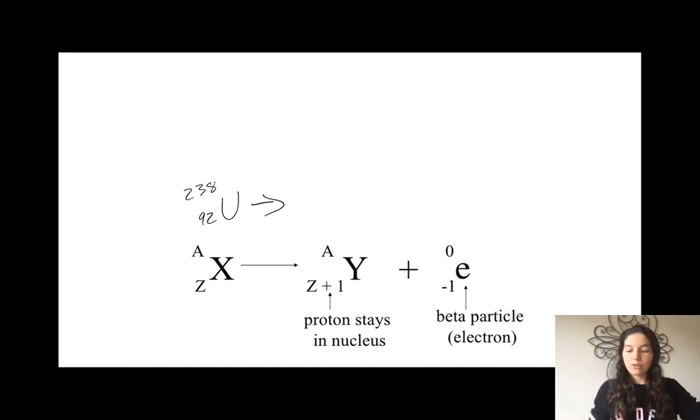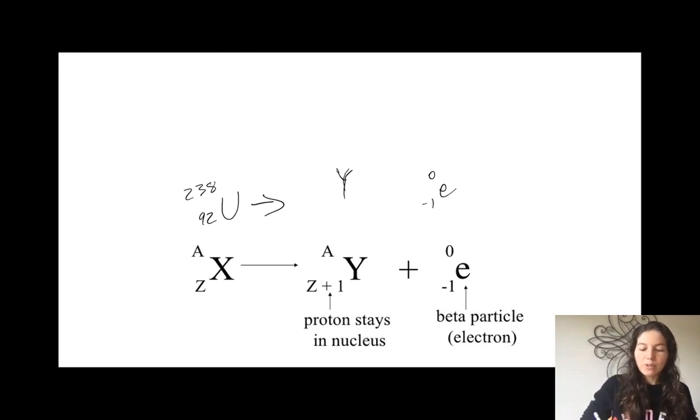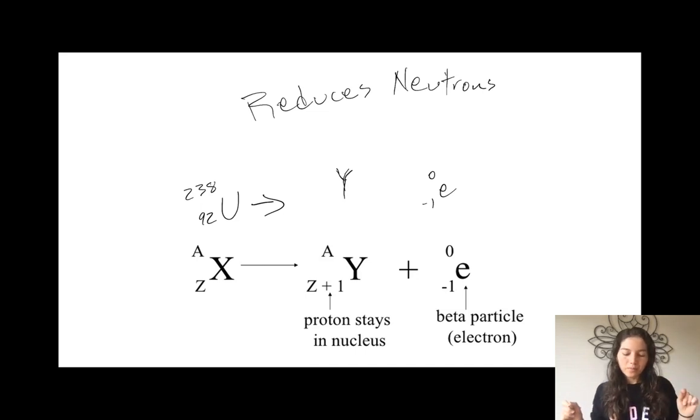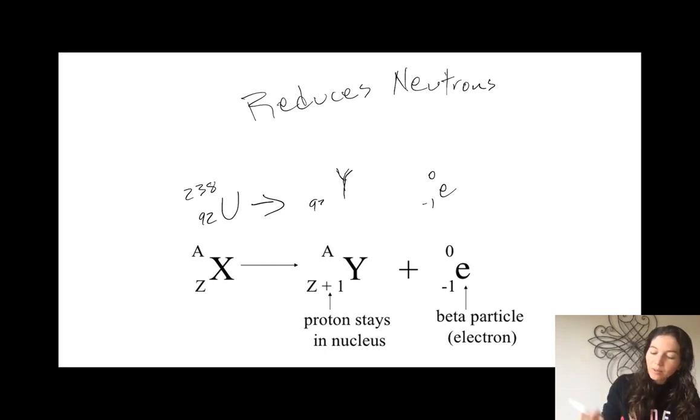It's going to lose an electron. So the electron comes off here, and we form an entirely new element, okay? And remember we said that this one reduces neutrons. So what we're seeing here is that we gain a proton because it reduces neutrons, increases protons. So now we have 93 protons, and our mass stays the same, 238, because we aren't losing any mass.